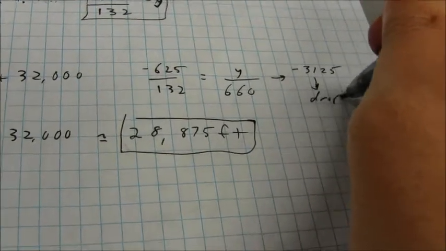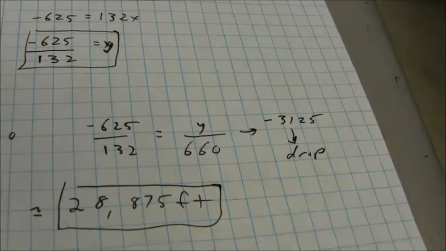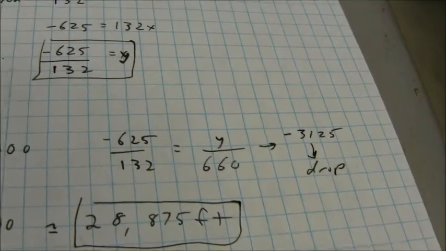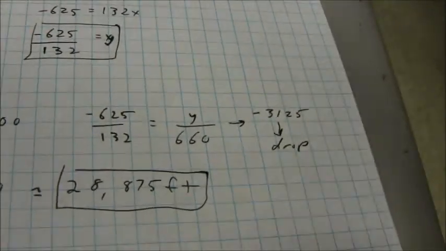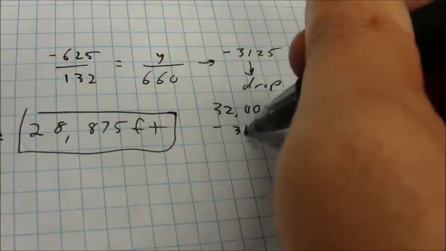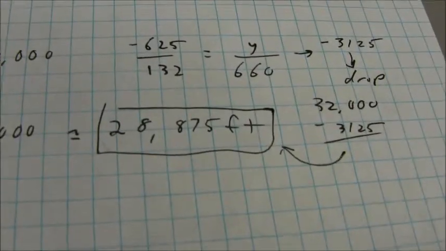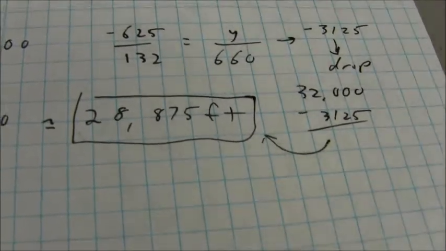Now that's the drop, okay? So you're going to have to subtract that from the 32,000. So it would be the 32,000 minus the 3,125, and of course you get the same answer we had over here.